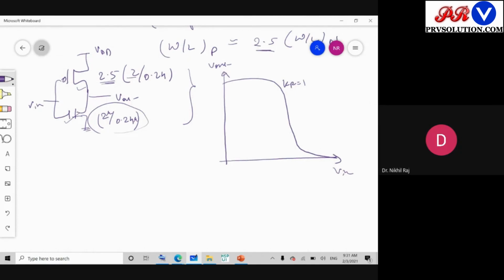Increasing KR means your Kn is greater than Kp. Suppose I have not used 2.5 times, and simply placed the same dimensions for PMOS and NMOS. Then definitely my Kn would be greater than Kp. So if KR is greater than 1, should this curve change its position or not?